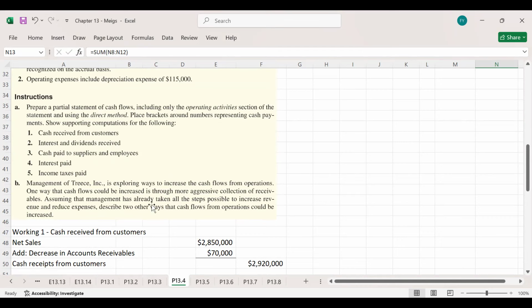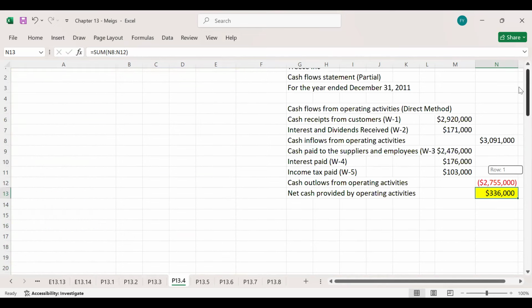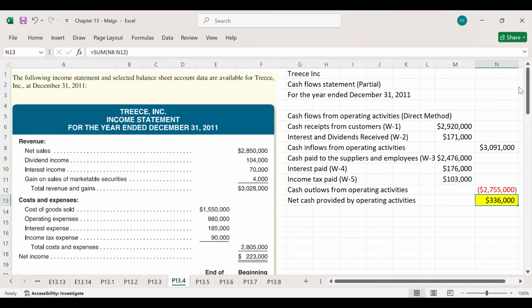Describe any two other ways that cash flows from operation could be increased. So you can say just in time inventory concept. So the first one is that the company can reduce the amount of inventory being held.